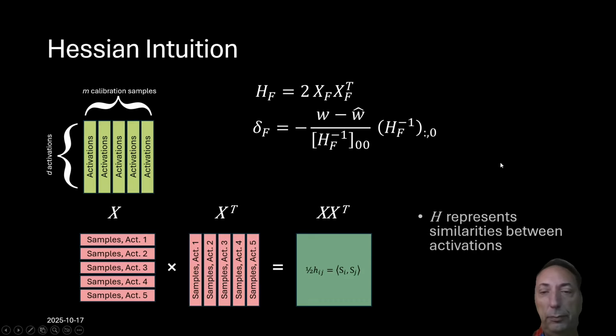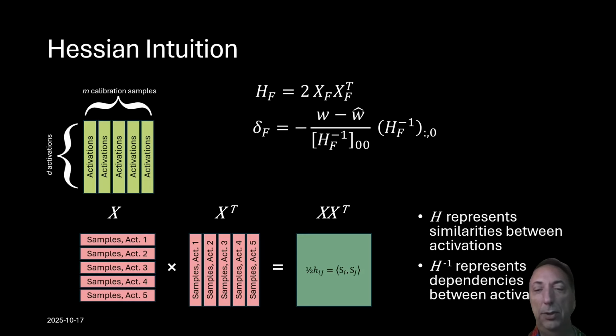So H represents similarities between activations, but remember the formula for this delta F actually involves the inverse of the Hessian. And so when we take the inverse, that gives us the dependencies that we want between activations.